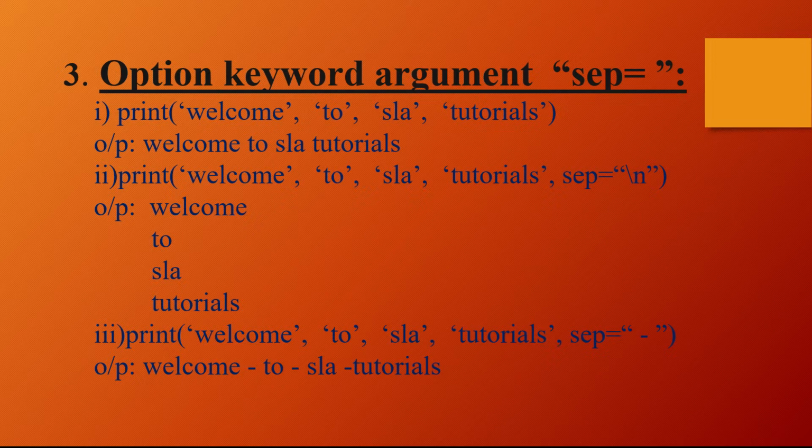In second, print of welcome comma to comma SLA comma tutorials comma. Here I am using separate keyword sep is equal to. I want to separate this text in different lines, so I am using here \n. Then we'll get the output as welcome to SLA tutorials in different lines.